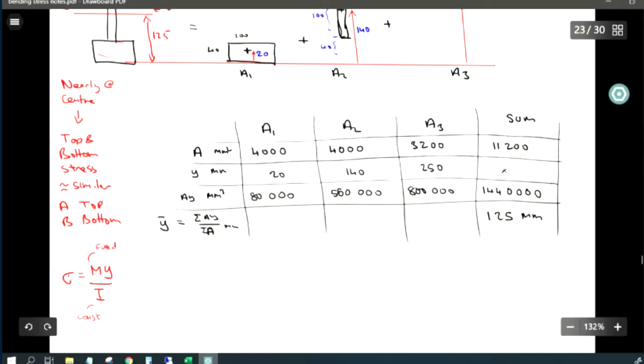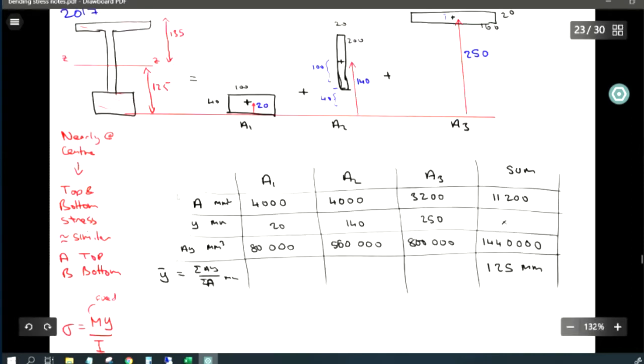So the only thing that changes is Y. So at the top surface here, Y is 135, and at the bottom surface, Y is 125. So we'll try that question again. So A is the higher stress at the top, B is the higher stress at the bottom. Let's go again. It's only based around Y.